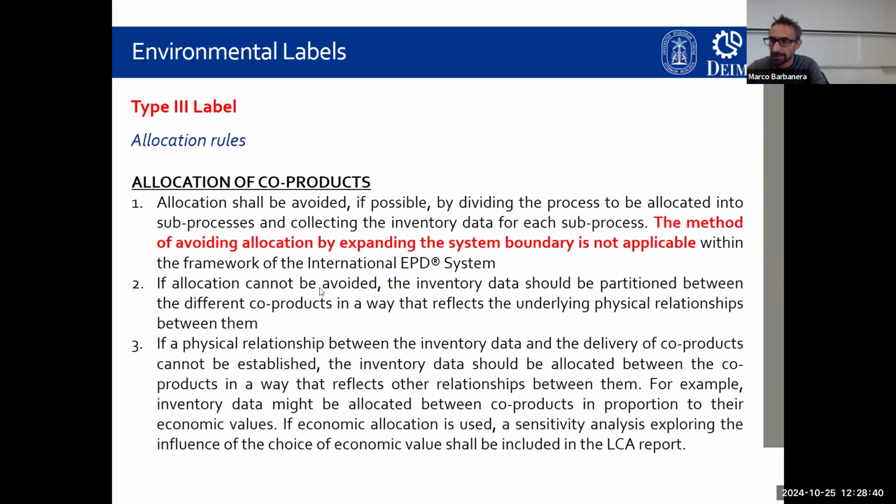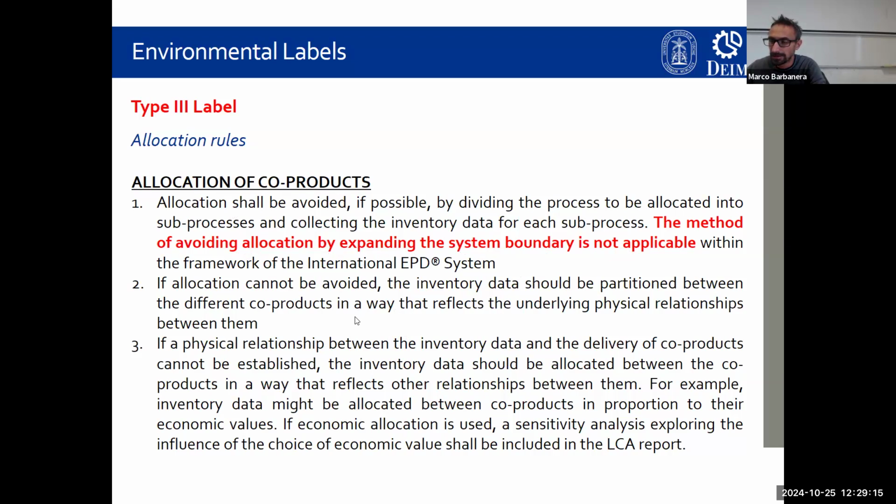You can find, in particular, specific rules for the allocation of co-products. In this case, in the environmental product declaration scheme, the system expansion approach cannot be applied, but to model the multifunctional processes we can apply only the allocation approach.